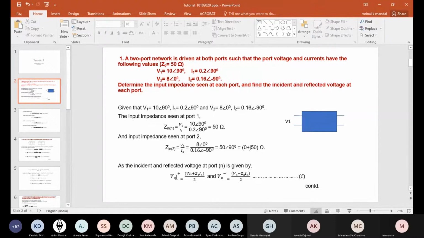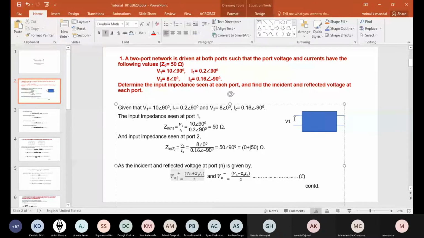Then for any port in general, if I consider Vn plus, then that is equal to this voltage plus we also have a current flowing through this port impedance. So that I need to add with it, and together it is incident on this two-port network.